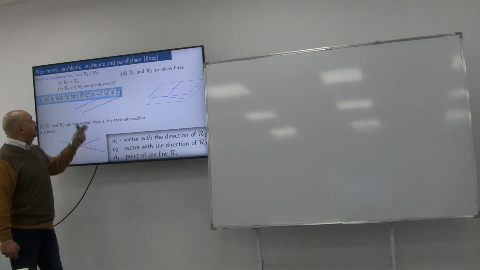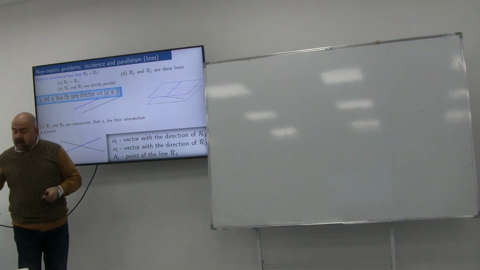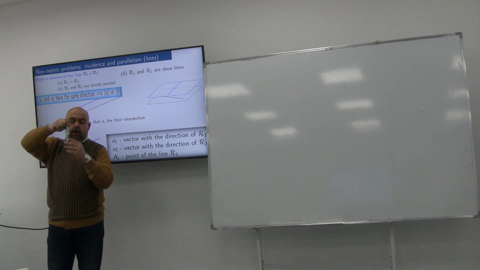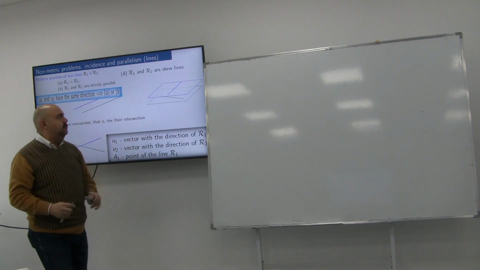In the first two cases, okay, they have the same direction. So either they coincide with each other, they will have the same direction, or if they are parallel, they will also have the same direction.